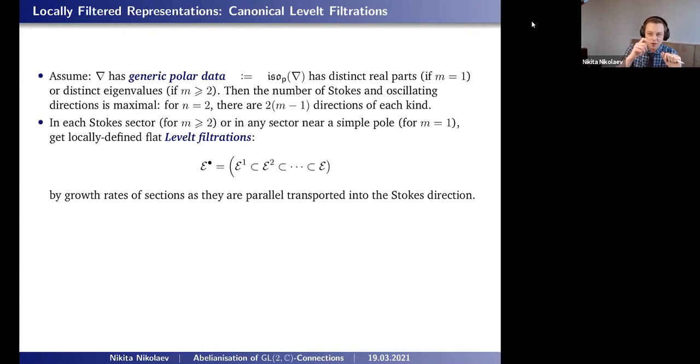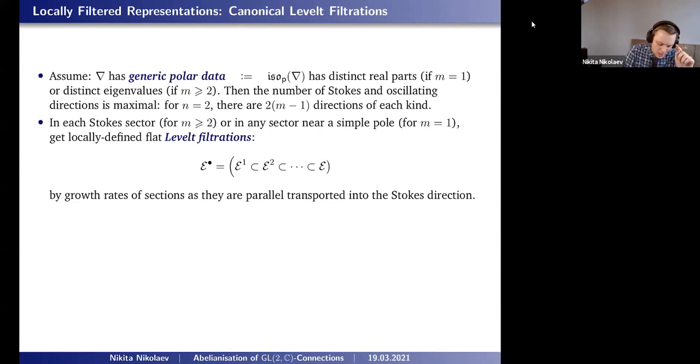And therefore, relative growth rates, or understanding which solution grows faster than another, are given precisely by the weights of the joint action, so these lambda ij's. So that's why you're focusing on the Stokes directions, and that's where you really get some kind of filtration.